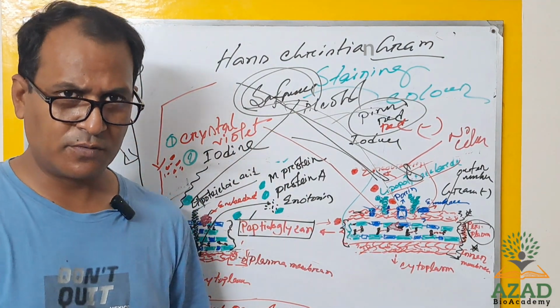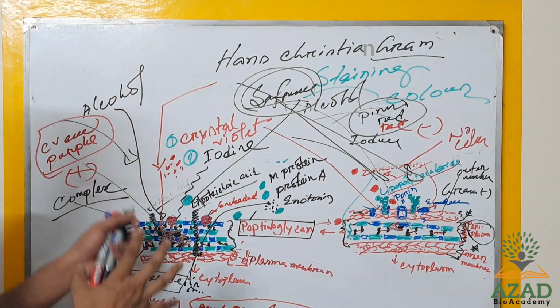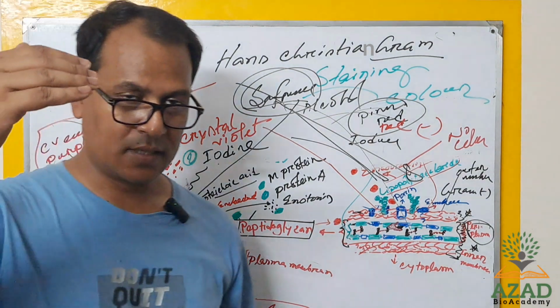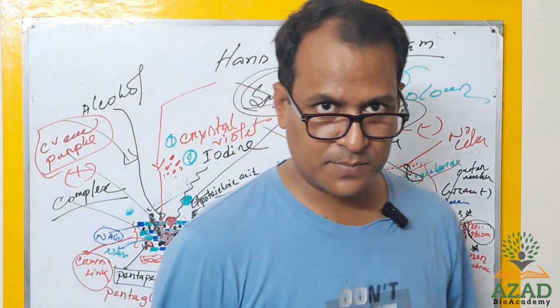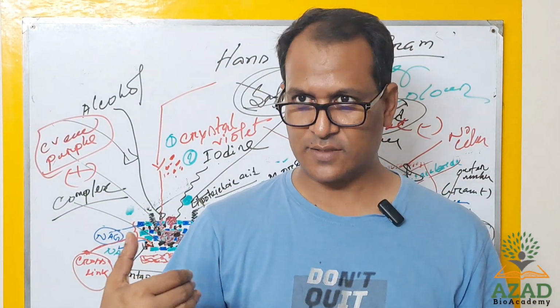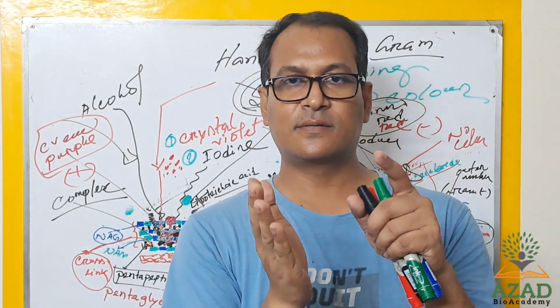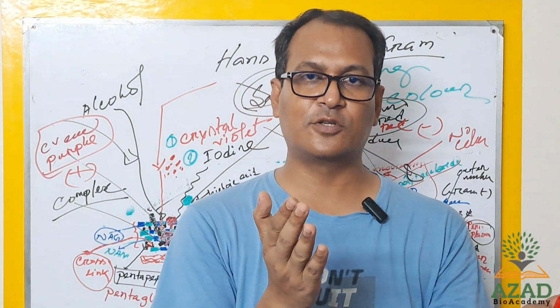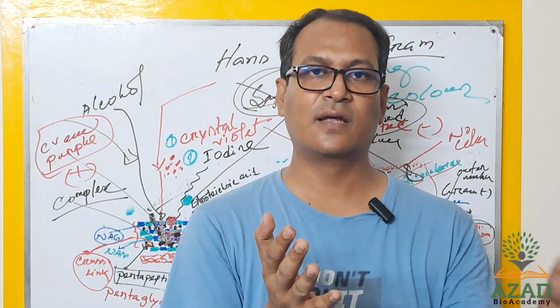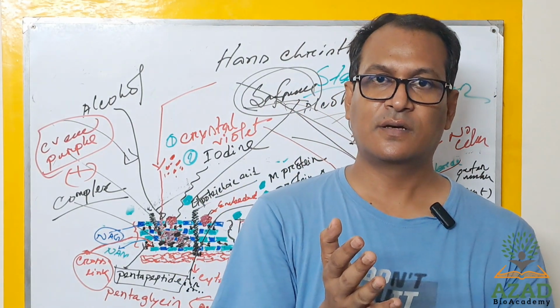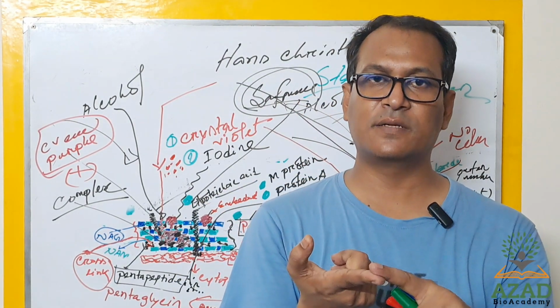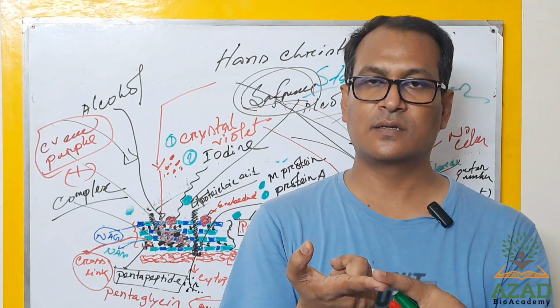Okay. Before going on, previously I said I will cover why killing gram positive bacteria is easier than gram negative. That means why gram negative bacteria are difficult to kill.